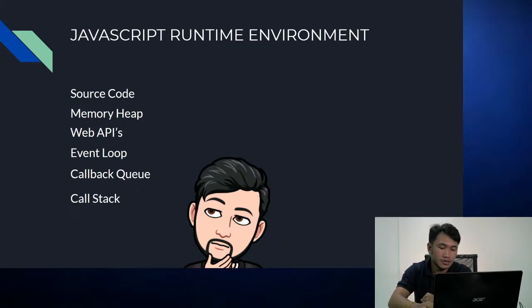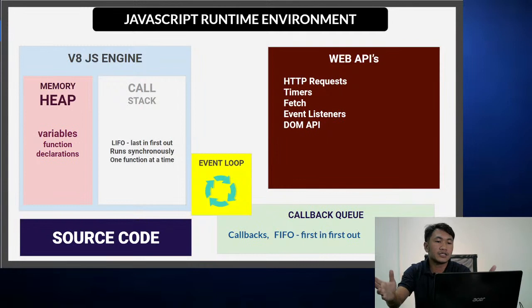To give you the answer, this is our JavaScript runtime, and on the left side is our V8 JavaScript engine. Our JavaScript engine only includes the memory heap and the call stack.